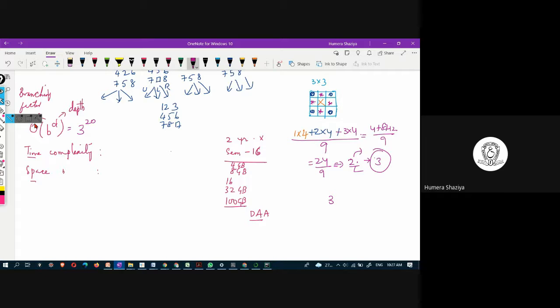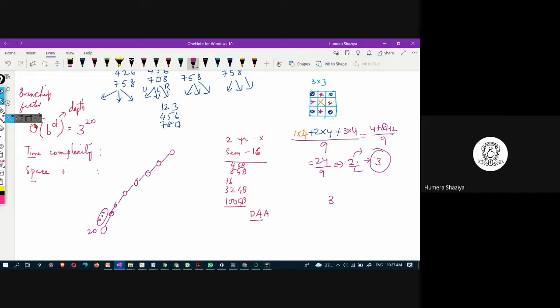20 depth means what? This is node 1, this is successor 1, successor 2, 3, 4, 5, and so on up to 20. So up to 20 depth we can explore if we exhaustively solve this.